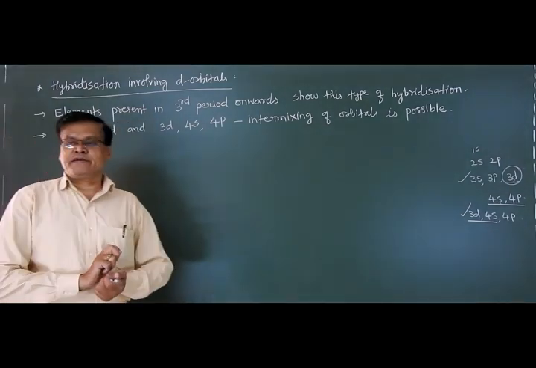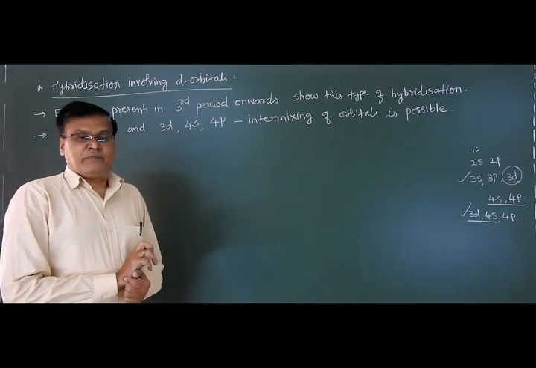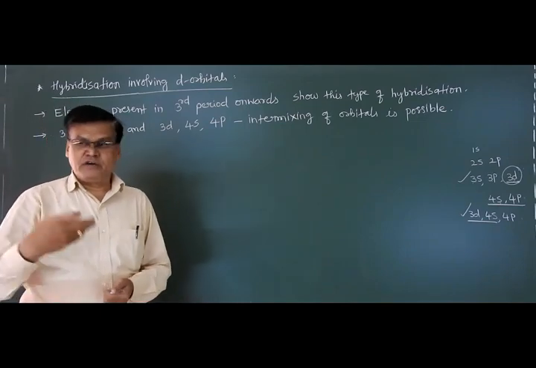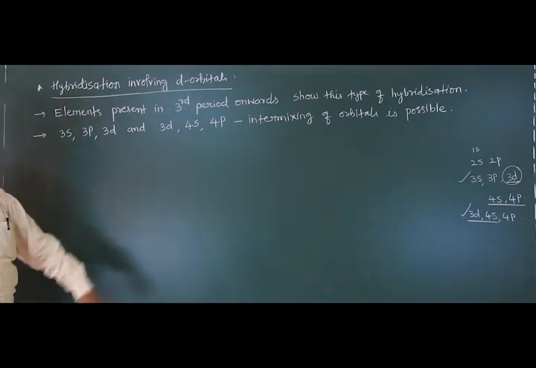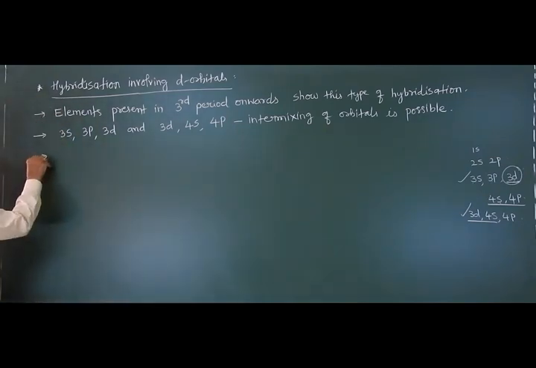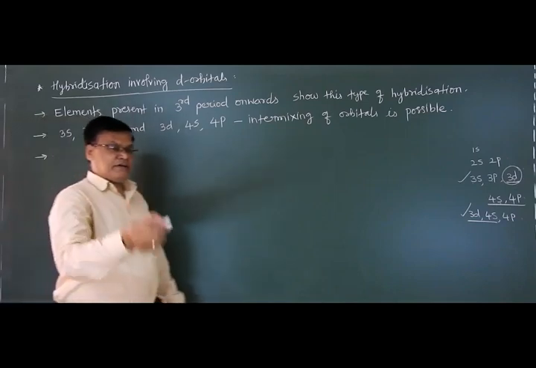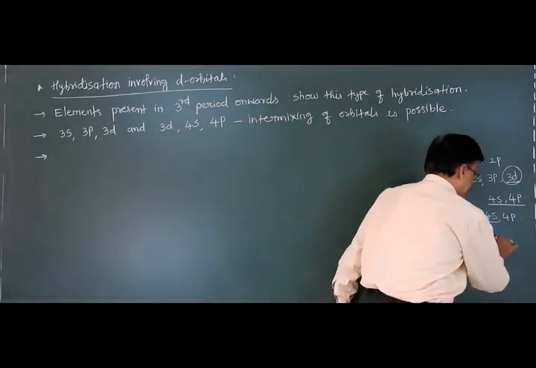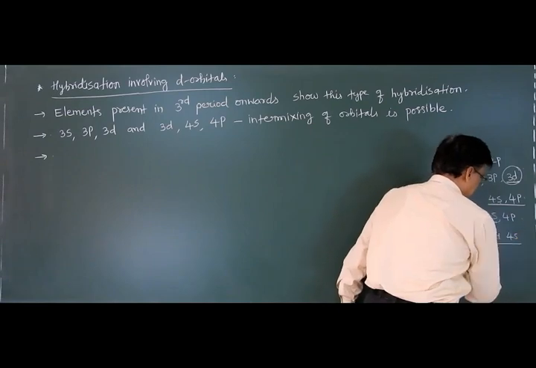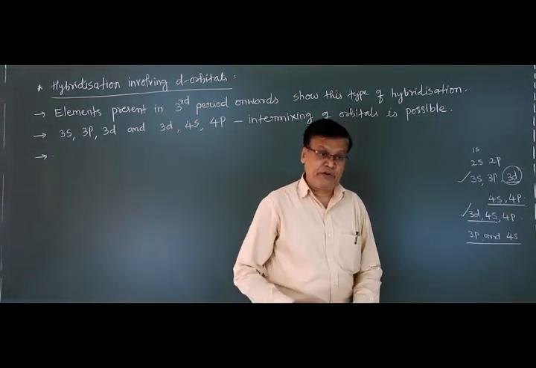Among the following sets of orbitals, which orbitals undergo intermixing, or which orbitals participate in hybridization? Important point you should remember. The next one: 3p orbital and 4s orbital. Do they have the same energy or different energy?